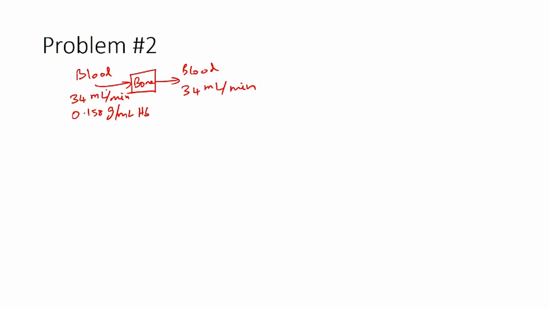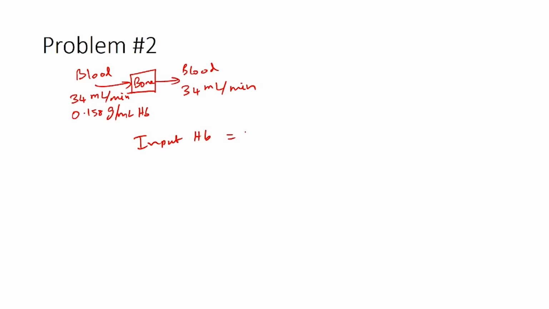Before we start with the oxygen balance, we need to know how much hemoglobin is actually entering the system, so that we can calculate the number of moles of oxygen which is being carried by the hemoglobin into the system. So, for that reason we will first calculate input hemoglobin.